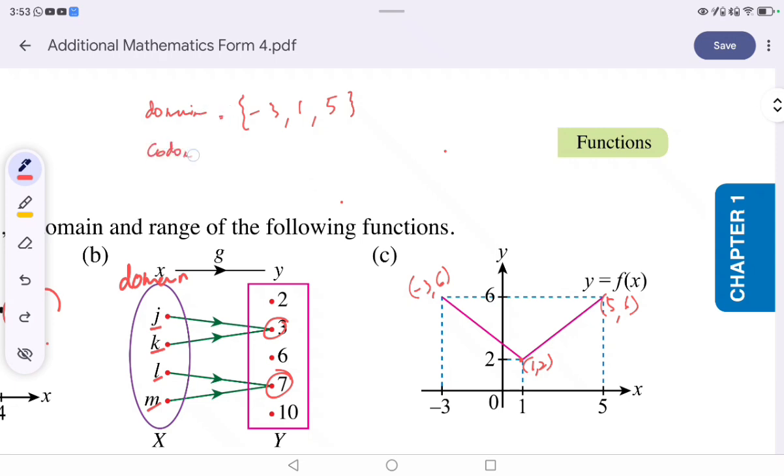Codomain is all the y numbers: 6, 2, and 6. And then the range is the numbers that are mapped from x, which is also 2 and 6. So that is your answer.